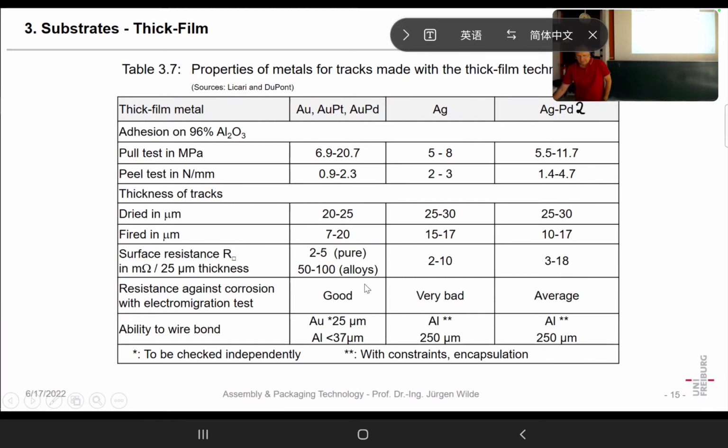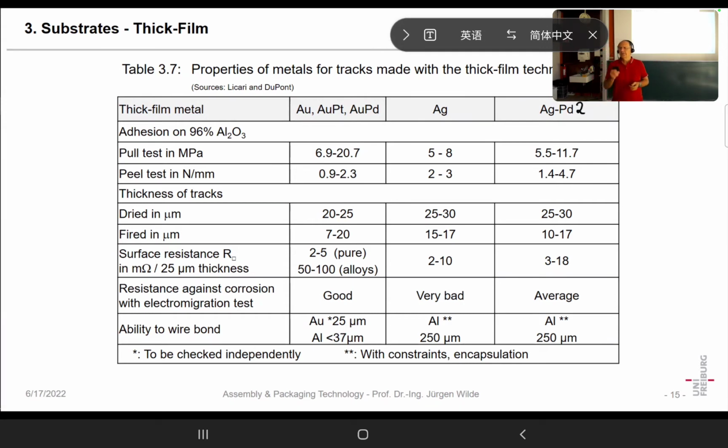And when the resistance is measured for such metallizations, in most cases, the ohms per square is given. So that's the surface resistance.